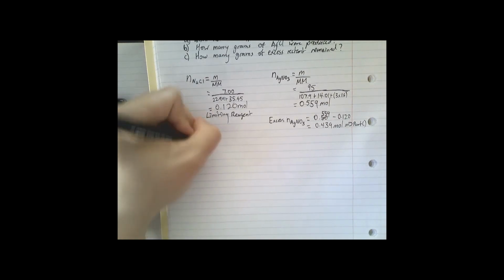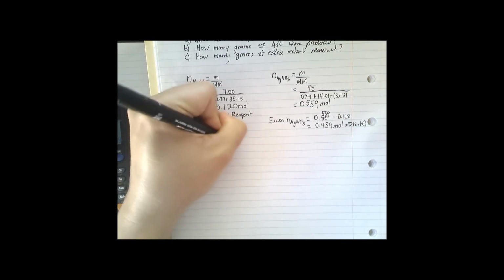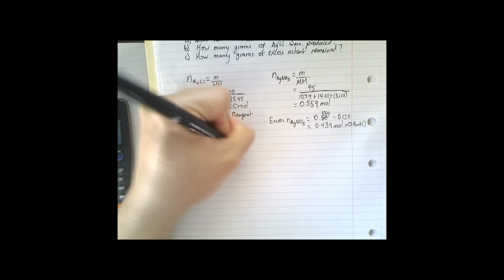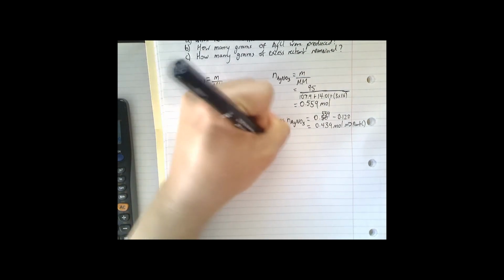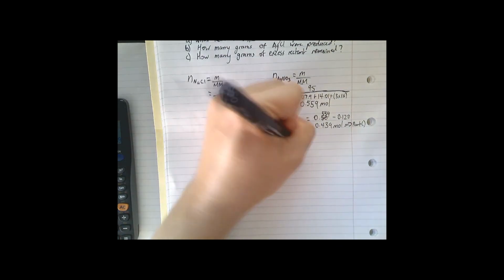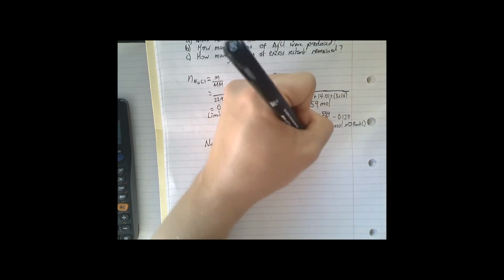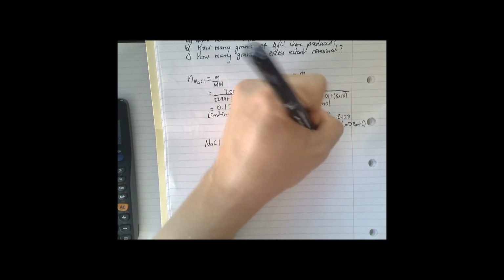Now what we know is that sodium chloride reacts with silver nitrate and produces silver chloride, and we don't really need to worry about it, but I'll write it anyway. That doesn't really matter much for our calculations, but sodium nitrate also exists as well.